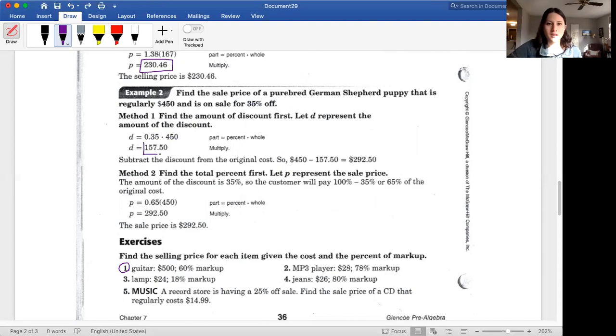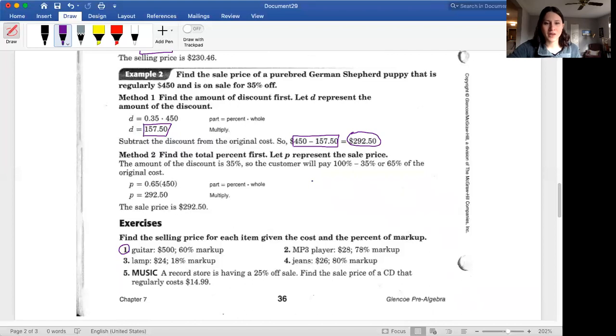So this is the discounted price. Now to find the cost that you would pay for this puppy, you would subtract 450 minus the discounted price. And now we know that you're paying $292.50 on sale for this German Shepherd puppy.